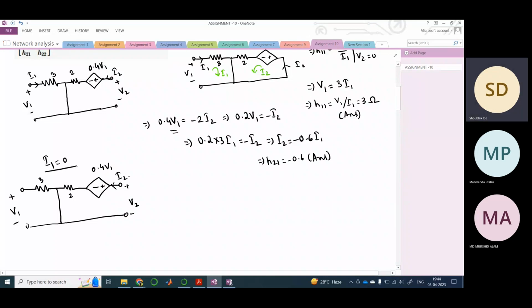So therefore, see, here for getting a relationship between these two parameters, you can directly apply KVL here. So our V2 would be what? V2 would be, see here, 0.4 V1, right, plus 2 I2.